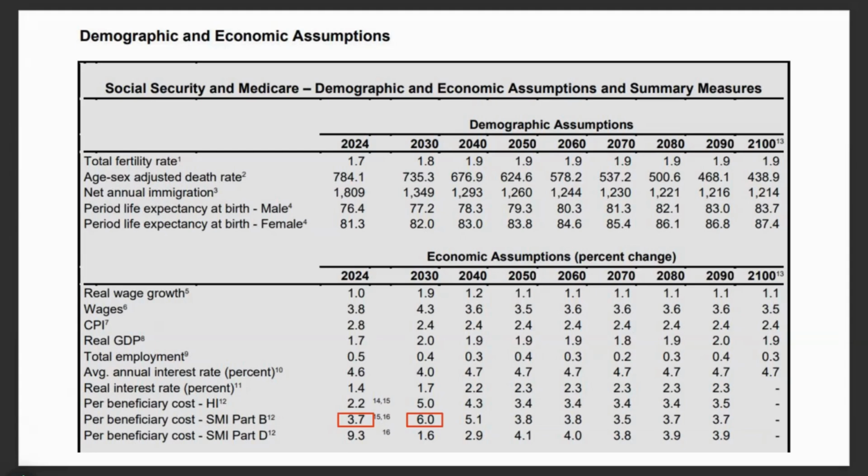So if you look at 2024, the third row down, net annual immigration. In 2024, the Department of Treasury is telling us we had 1.8 million immigrants come into the United States. Now, this category includes both legal and illegal immigrants.